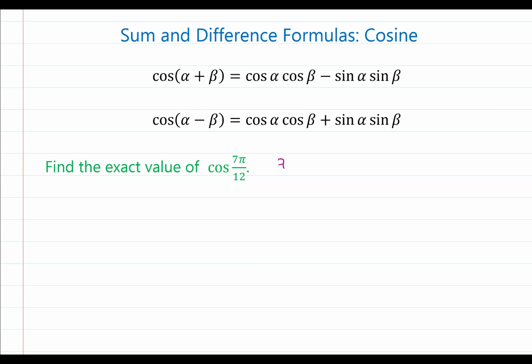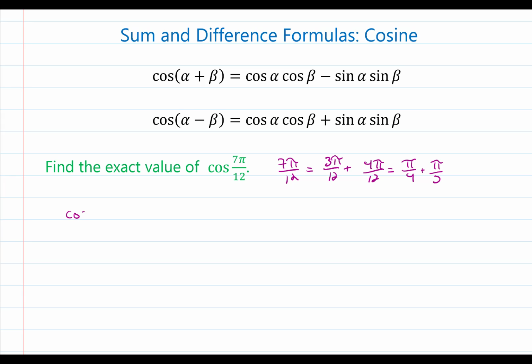So I'm going to rewrite 7 pi over 12 as the sum of 3 pi over 12 and 4 pi over 12. I choose these because when I reduce, I get pi over 4 plus pi over 3. And I know the exact values of cosine and sine of pi over 4 and pi over 3.